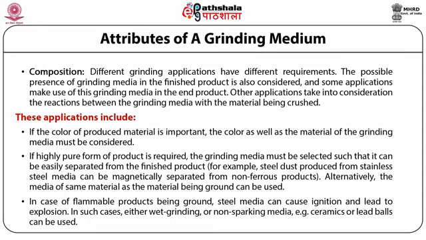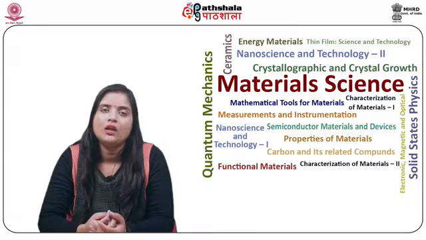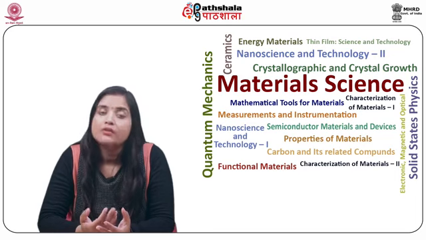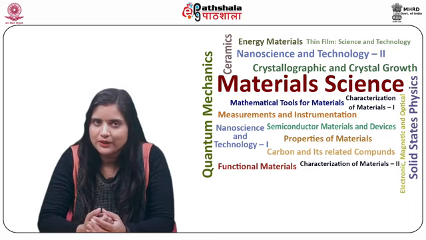In such cases, stainless steel, ceramic, and flint grinding media are often employed. To avoid oxidation and explosion, the reactor can be filled with an inert gas, which does not react with the material being ground. Let us now study the applications of ball milling.